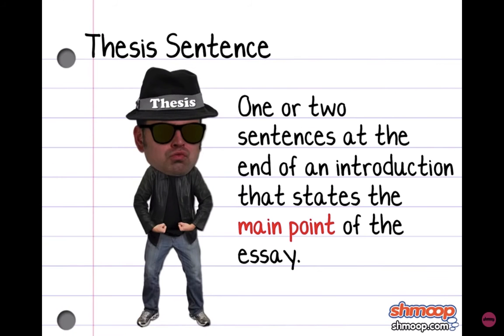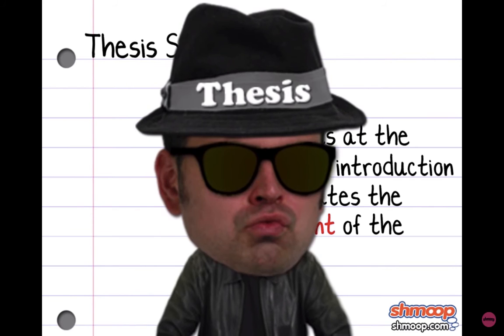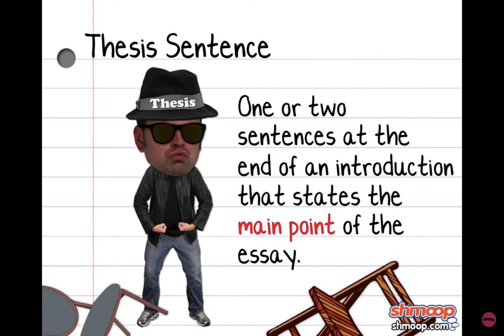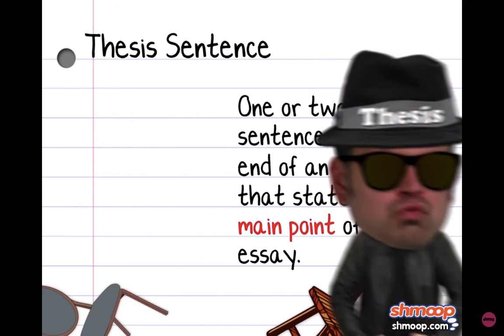Clearly, he's a pretty big deal. Yeah, I tend to run things around here. Like a huge deal. When he enters a room, we suggest you give up your seat. Take mine! No, take mine! The thesis makes a clear, arguable assertion that will be developed in the following paragraphs. Wow, he is so assertive.